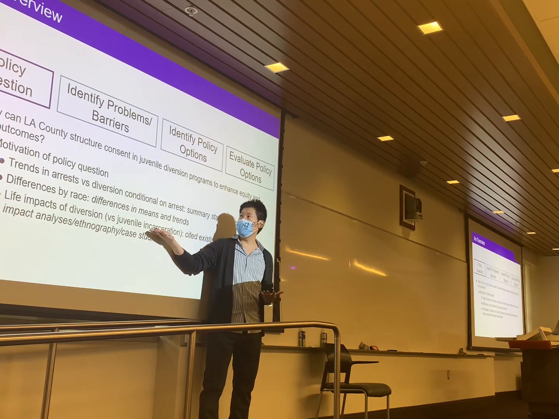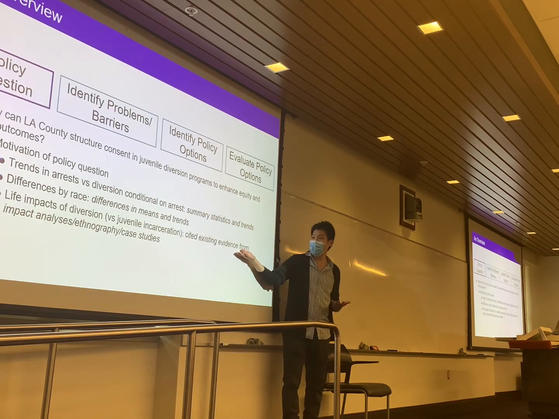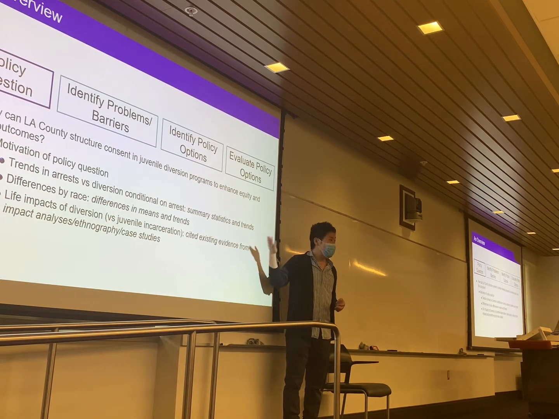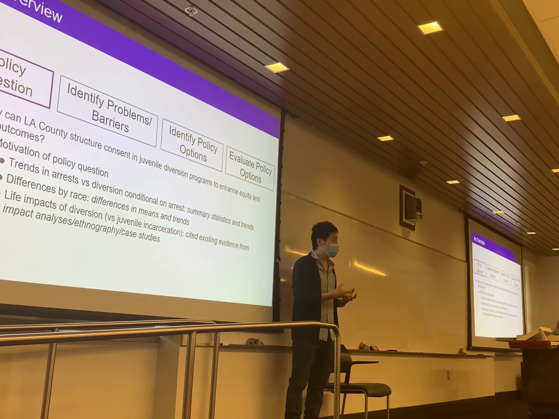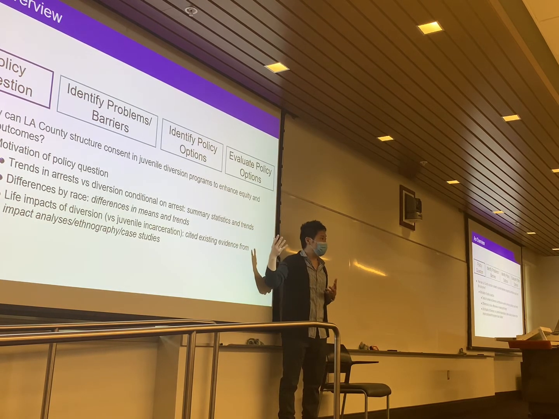Again, that was just something they pulled from a literature review. They cited existing evidence from ethnographies and quantitative analysis. These are just lit reviews, and they drew those results and substantiated the arguments they were making in the introduction.